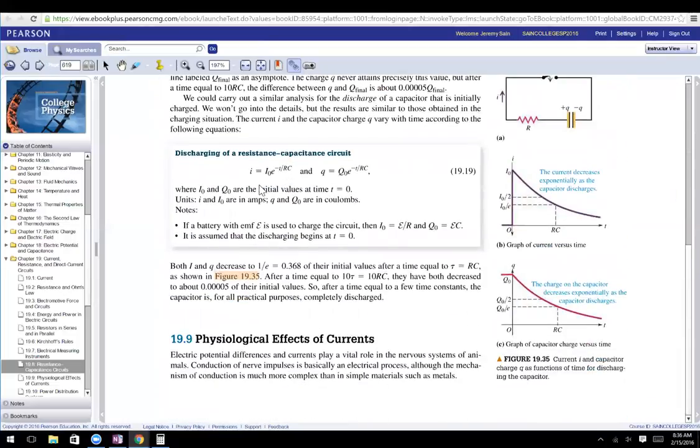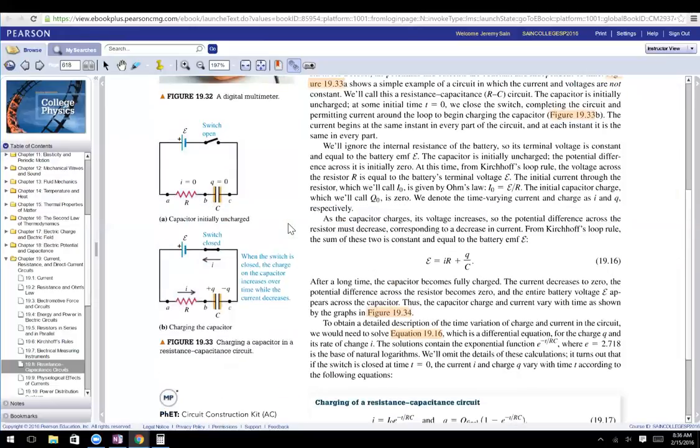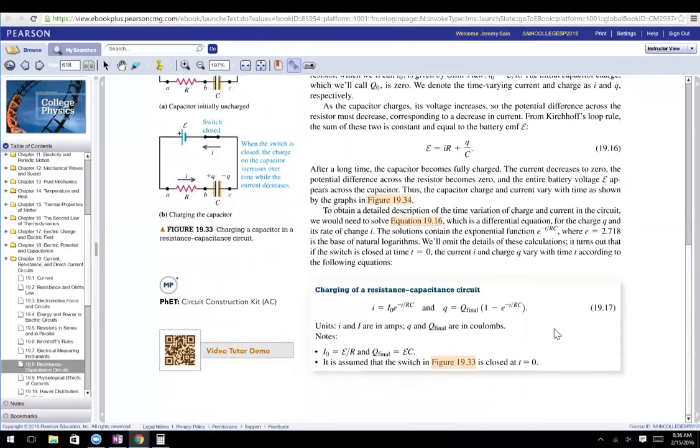Okay, so the one we did last time is the one on the next page. The resistance capacitance circuit where you don't have a battery, but the capacitor starts with charge. This one is the other extreme case where you do have a battery, but you don't have any charge initially on the capacitor.